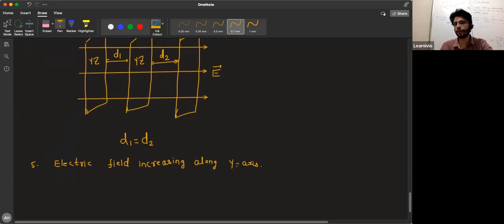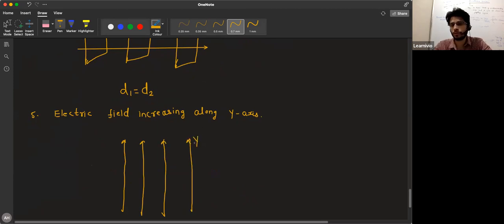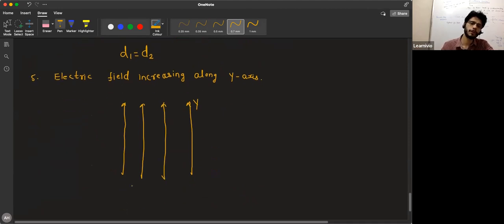So you have an electric field which is increasing along the y-axis. This is the field along the y-axis. Noha, in which plane will your equipotential surfaces exist? The field is along the y-axis, so in which plane will your equipotential surfaces exist?